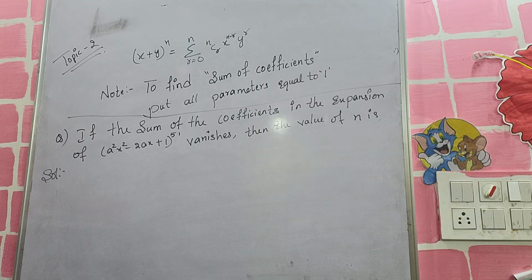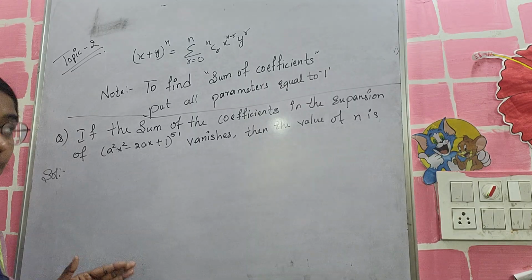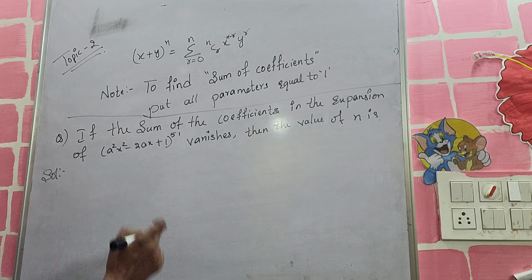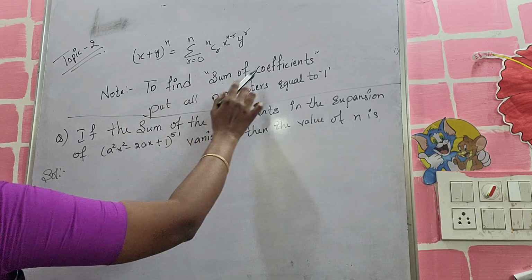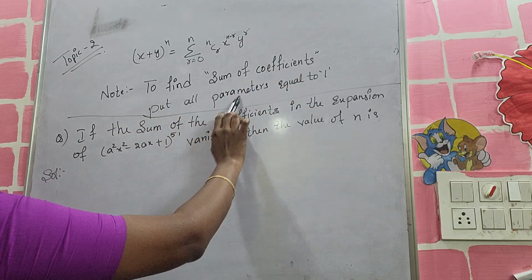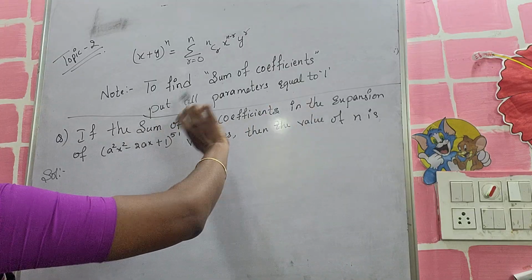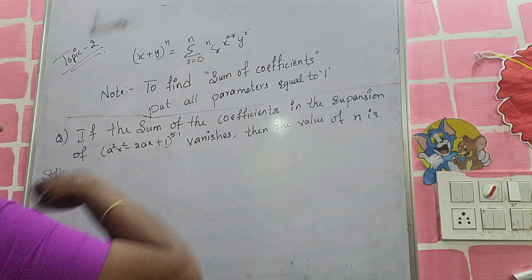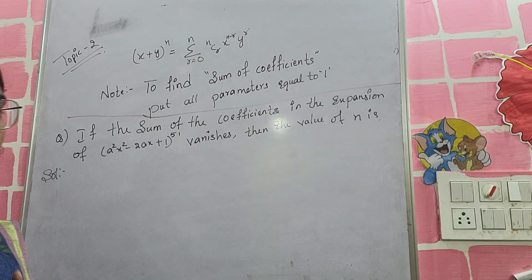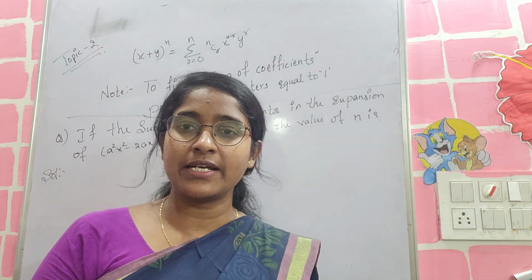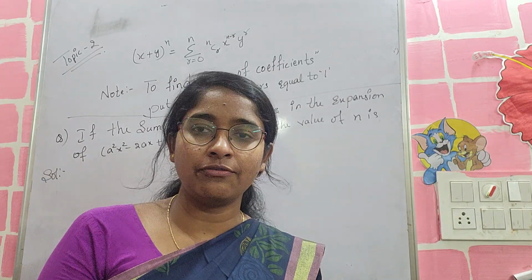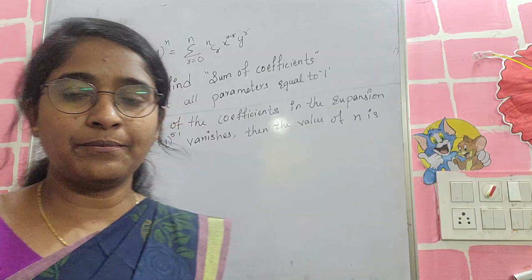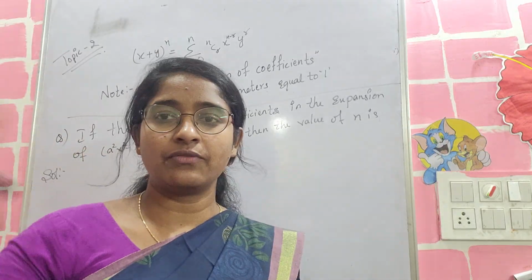So if they are asking us the sum of the coefficients, then what can you do? To find the sum of the coefficients, put all the parameters equal to 1. So all the parameters, whether x or y, whatever they have, you can keep it as 1. Then you can find the sum of the coefficients of the expansion.